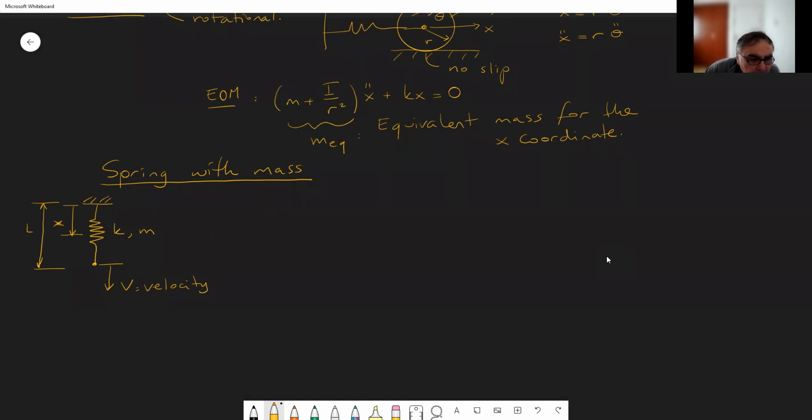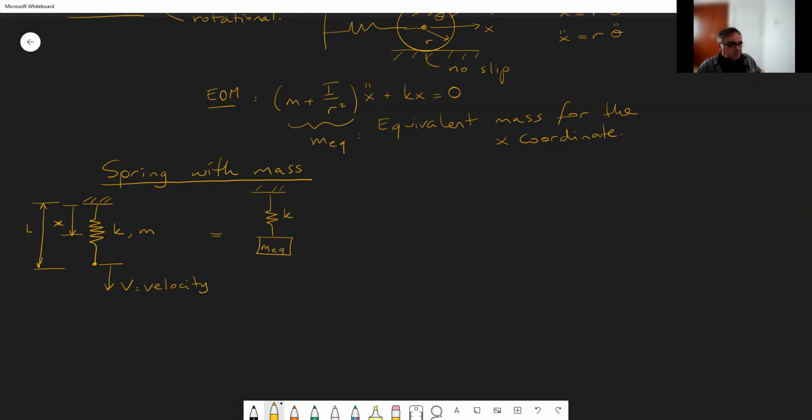Now we want to replace this by a spring and a mass. It won't be the exact mass, but the equivalent mass, and this will be the spring constant.